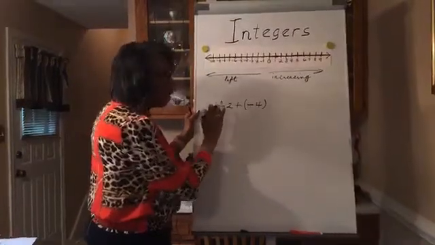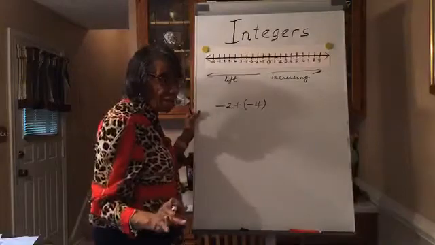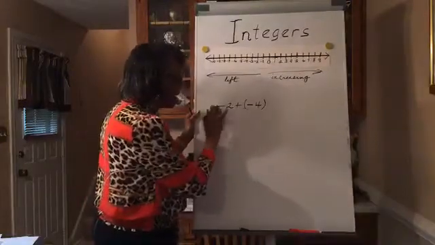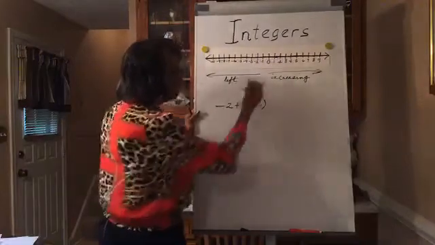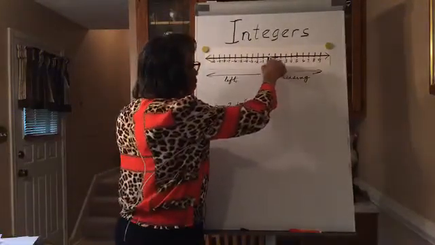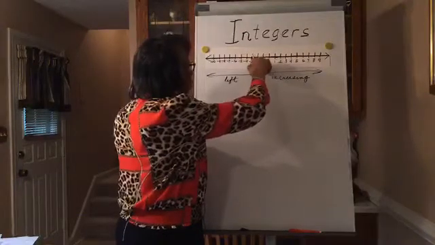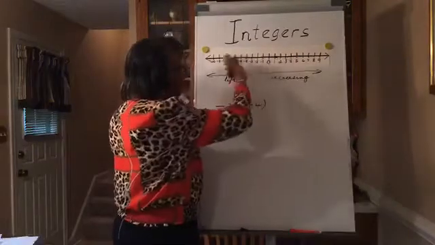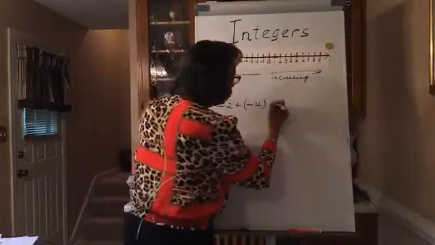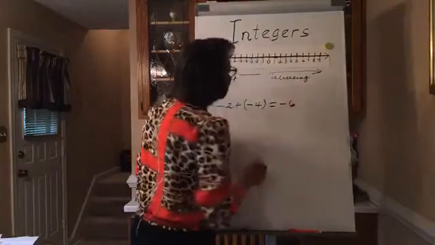Do not say minus 2 plus minus 4. We are not subtracting, we are adding. We start at 0, go to negative 2, then go 4 steps over, 1, 2, 3, 4, in the negative, so we're going left. What is the answer? We ended up on negative 6.